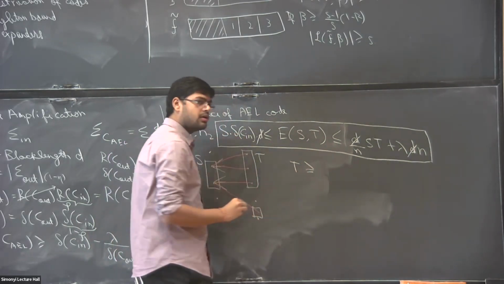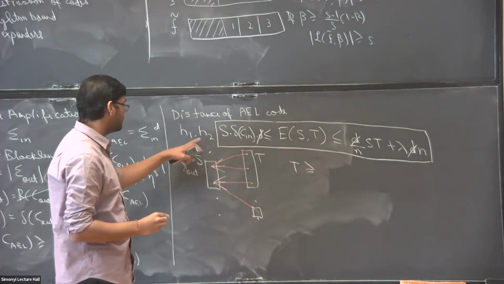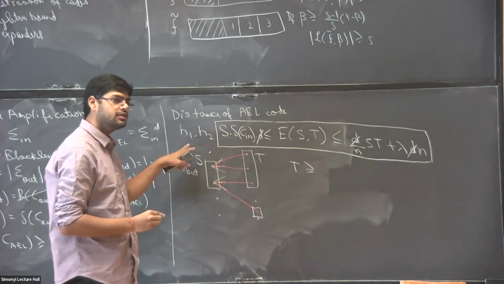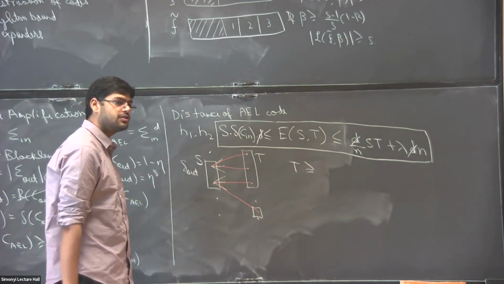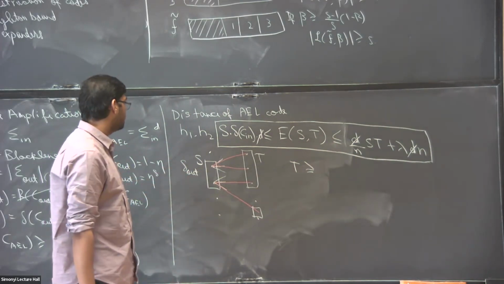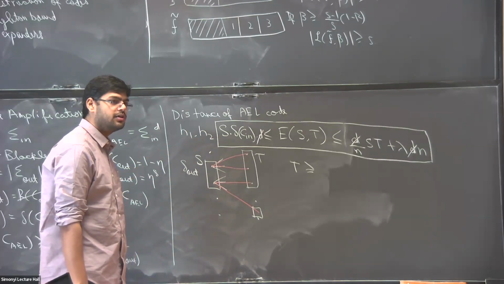What is S here again? S is where H1 and H2 differ. These are two distinct code words, H1, H2 are code words of the outer code, so they would be differing in some delta out fraction of positions.